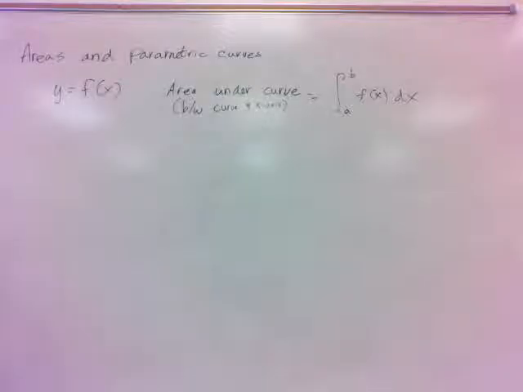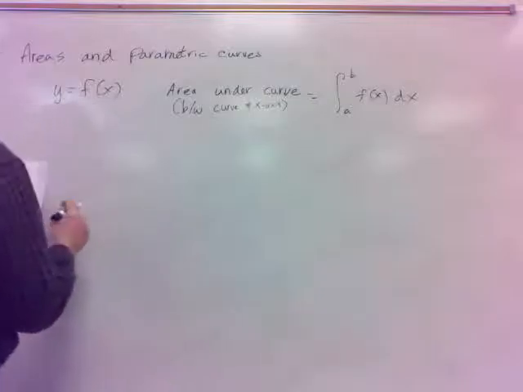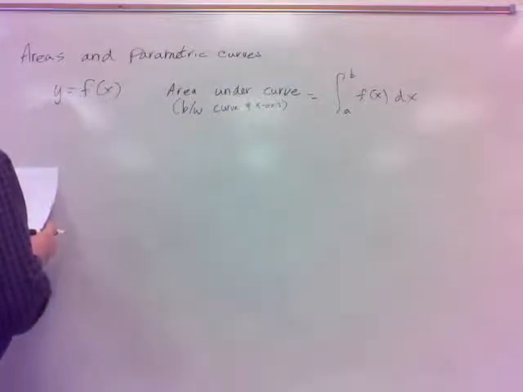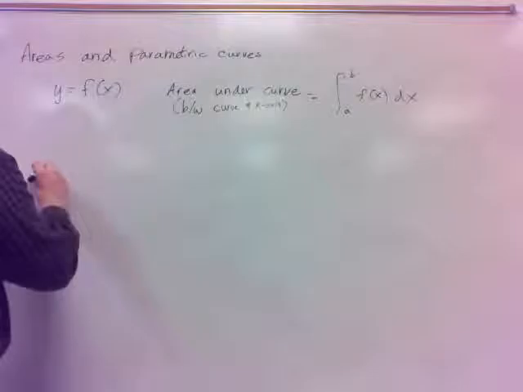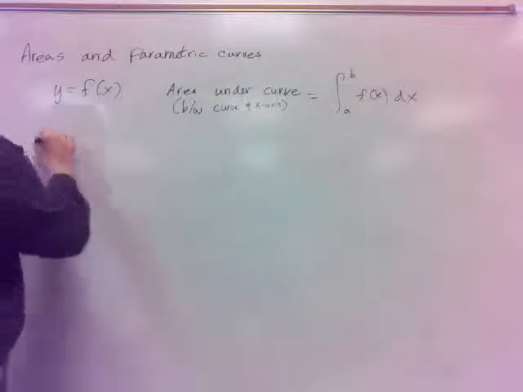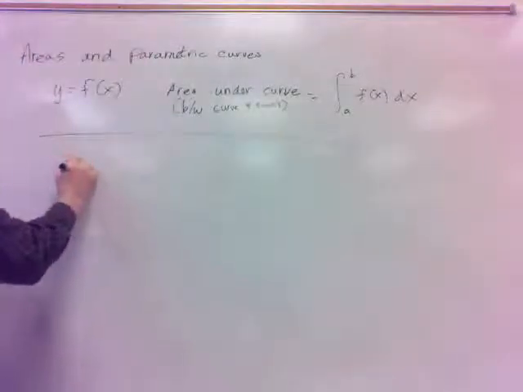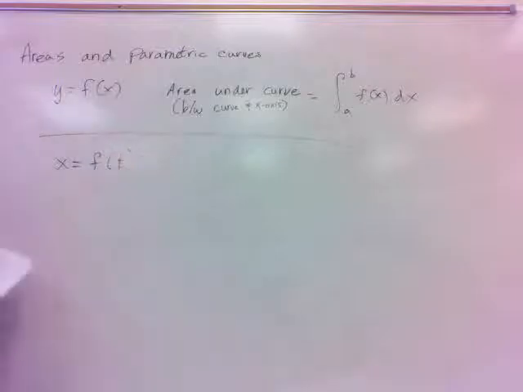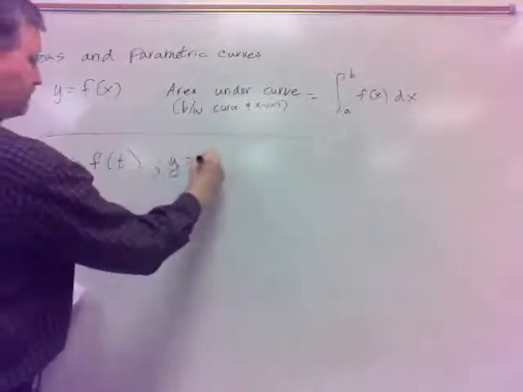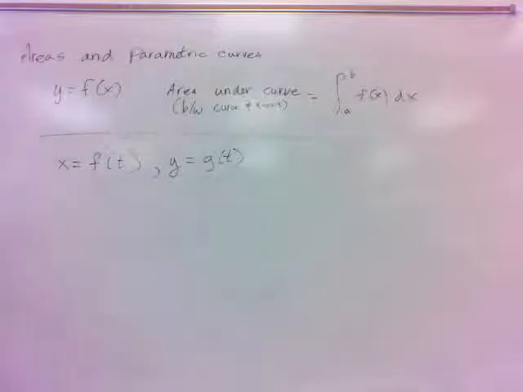Well, if we have parametric, let's think about parametric for just a second. In parametric, we're going to have an x equation and a y equation. x is going to be some function of t, and y is going to be some other function of t.